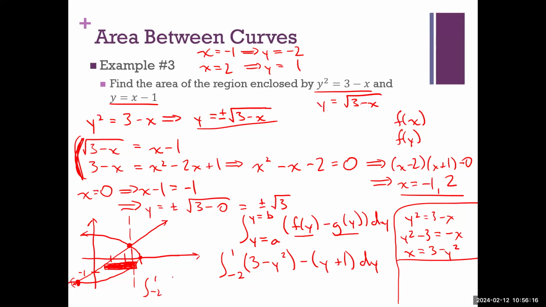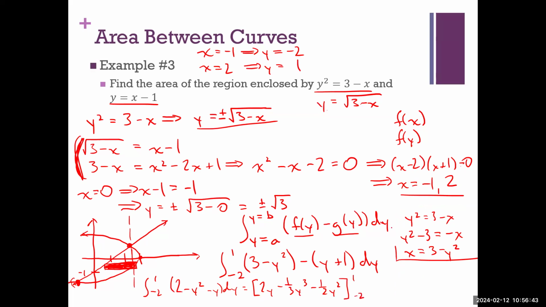Yeah, so what are the like terms? Is it just the constants? 2 minus y squared minus y. So I get 2y minus 1/3 y cubed minus 1/2 y squared from 1 to -2.